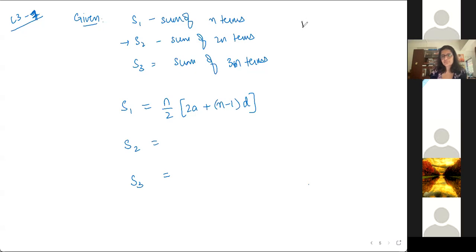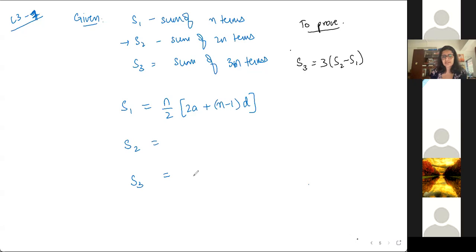Once you have this, you're supposed to prove S3 equal to 3 into (S2 minus S1). Once you write down the formula, just like how you do it for proof kind of questions, take LHS and RHS separately.